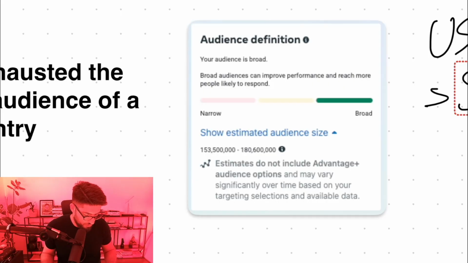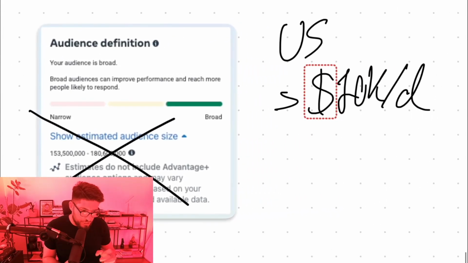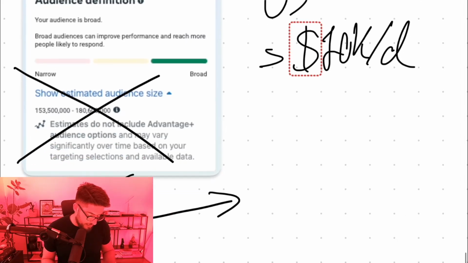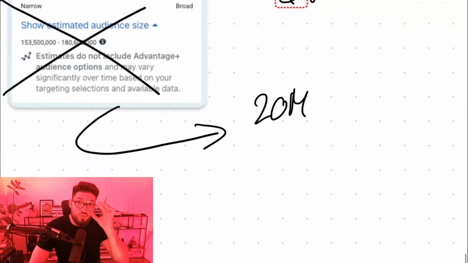You're not going to reach these 180 million people, because not all of them are inside this purchase category and also interested in your product, so you win the auctions. So in reality, that's more like, I don't know, 20 million, for example, the potential reach.